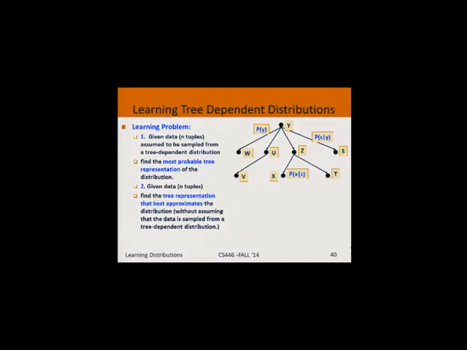Could be another question, right? So given data, no one told me how the data was generated, whether it was generated from a tree distribution or a more general distribution. And still, I want to find the tree representation that best approximates the distribution. Notice that these are 2 different questions, right?